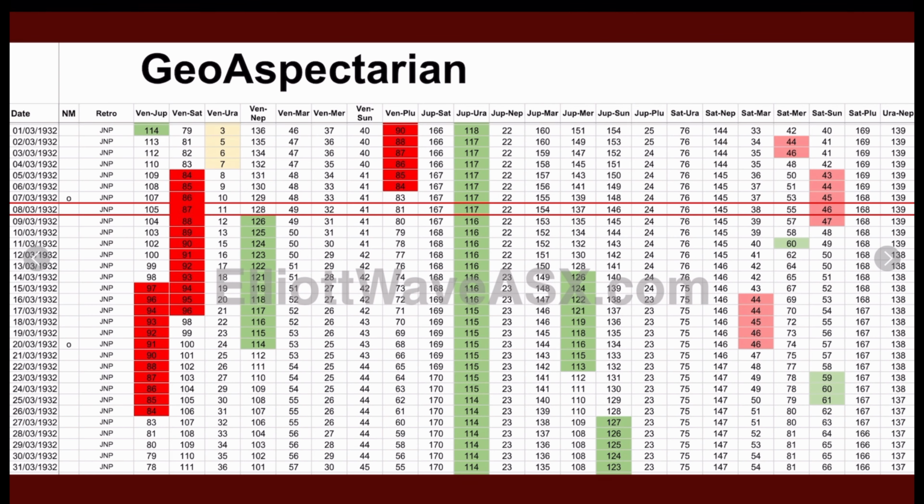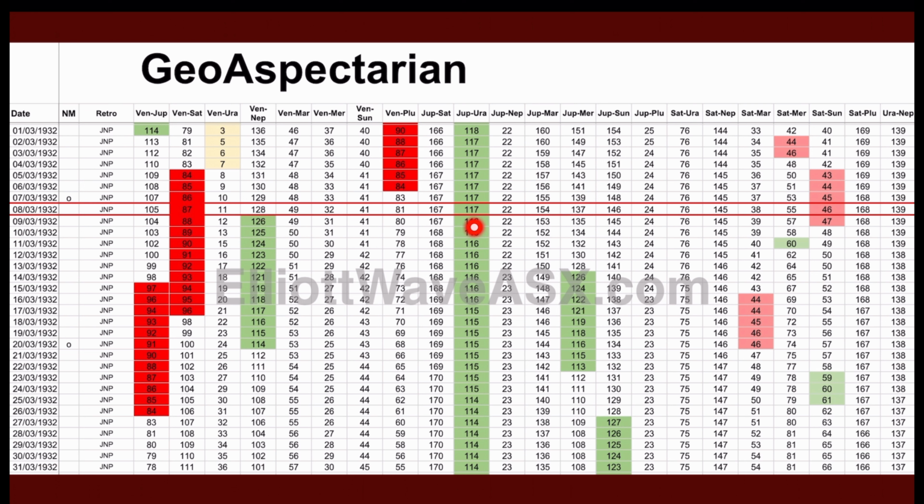Looking at the Aspectarian for the 8th of March 1932 high, we have a new moon on the 7th, the day before. We have Venus-Saturn squared. Venus-Neptune is coming into a trine, but it's still out of orb.